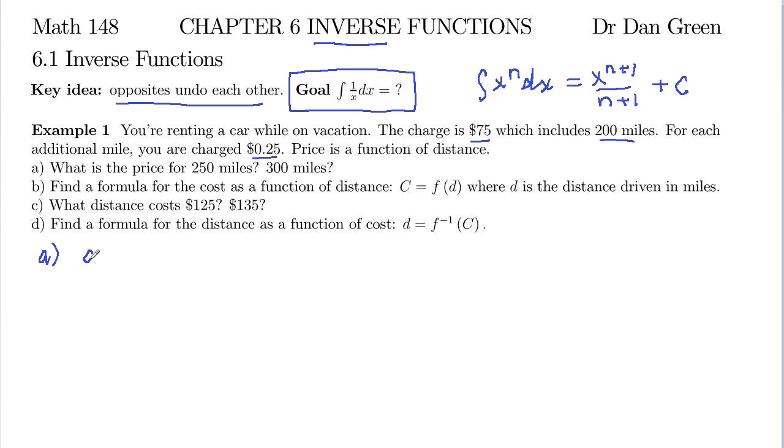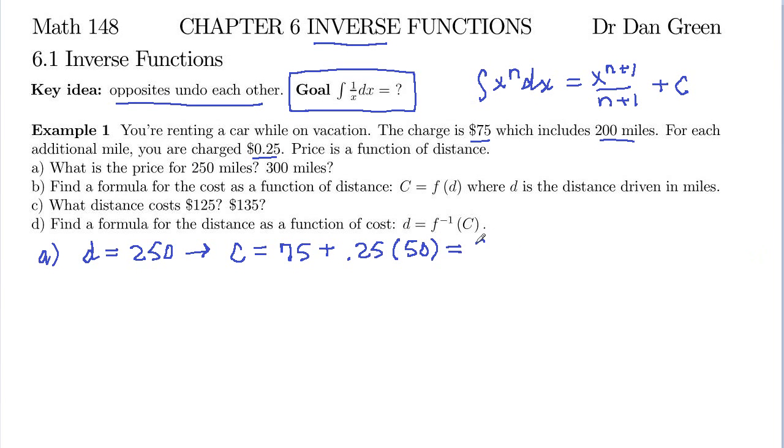So if our distance, we'll use d for distance, is 250 miles, then our cost, we'll use c for cost, is going to be that $75 to start plus 25 cents a mile. And then the additional miles are, if we do 250 miles, 200 are included, so that's just 50 additional miles. So 0.25 times 50.